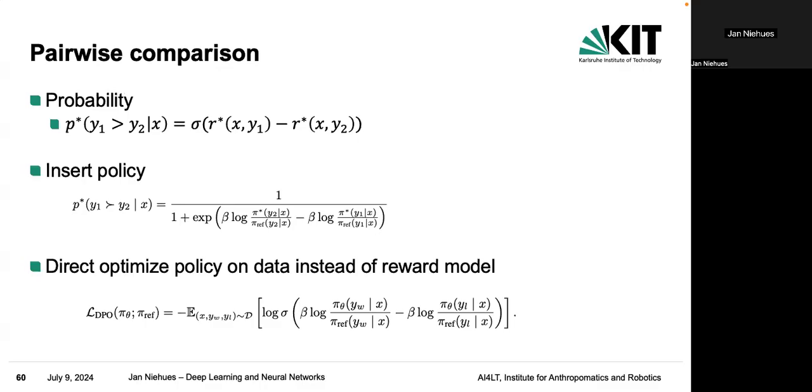And you see you want to increase the probability of the winning one, and you want to decrease the probability of the losing one. That is mainly the idea again. So if you have this example, you want to increase the relative probability of the winning one, but decrease that of the losing one. So here you have the relative probability difference between your model and the reference model. For the winning one, you want to increase the probability. For the losing one, you want to decrease that.